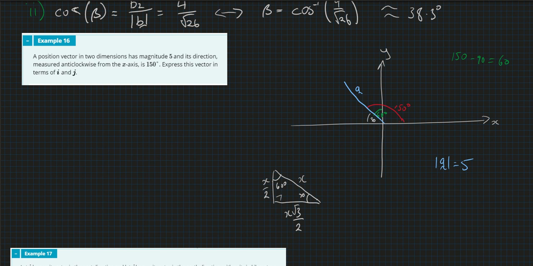So this here will be, let's use a pink. So I know that this here will be 5. What's wrong with this pen? 5 times root 3 on 2, and let's use a yellow.